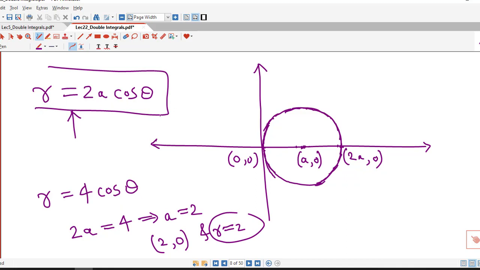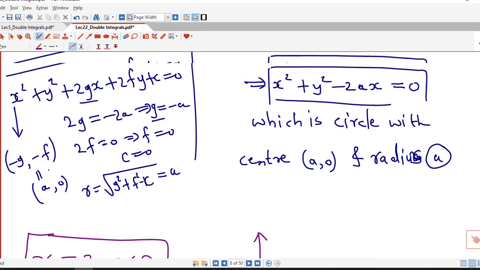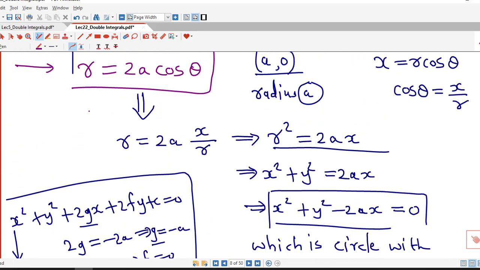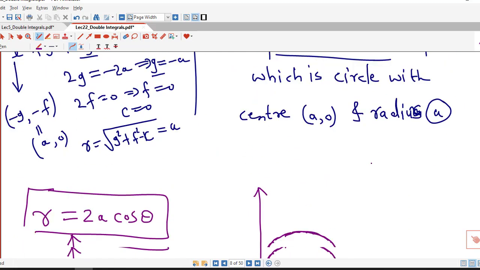We will need to sketch the polar curve to determine the limits of r and theta. So either we can remember that r equal to 2a cos theta represents a circle with center (a, 0) and radius a, or if we forget, then we can go this way: we convert our polar curve into a Cartesian curve and then decide what that curve is.